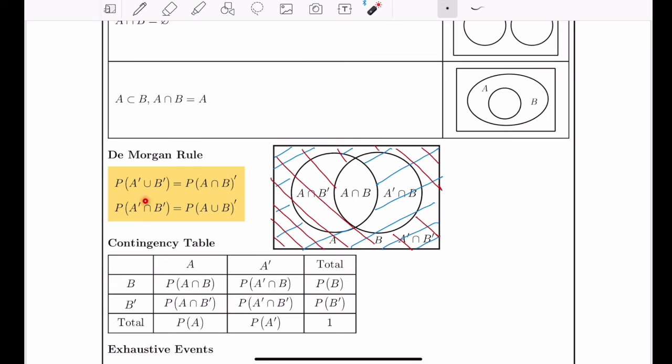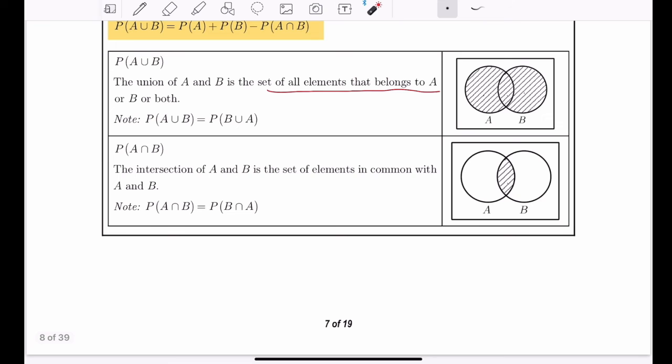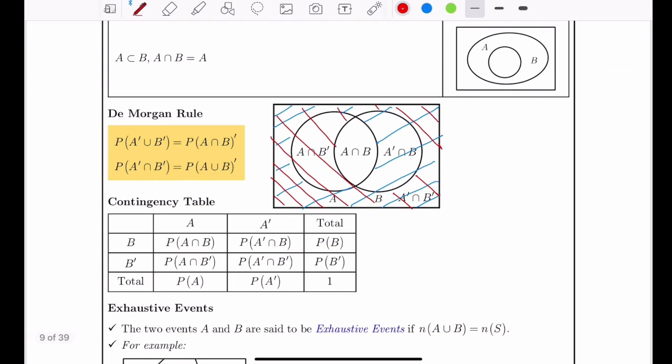So when we talk about intersection, it is the set of elements in common with A and B. So here, the set of elements which is in common with A prime and B prime.